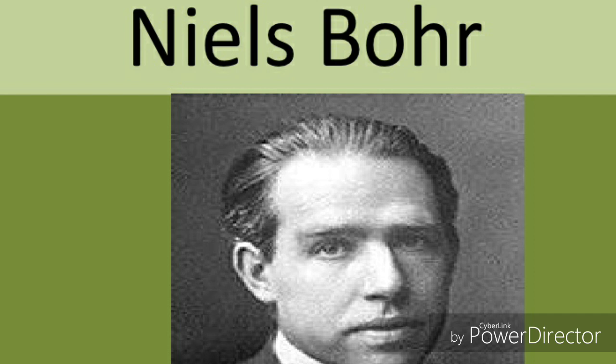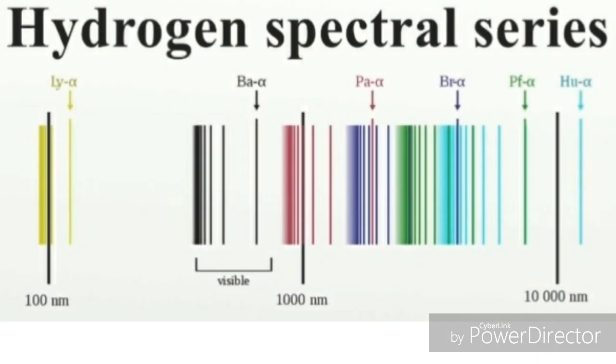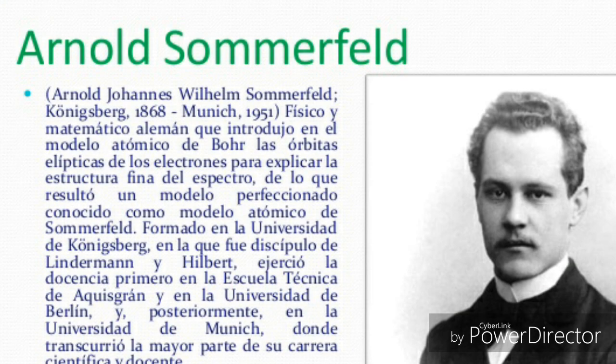Actually, he proposed circular orbits for the movement of electrons around the nucleus. It was later modified by Arnold Sommerfeld. He retained the first orbit as circular orbit, but the remaining orbits he modified as elliptical orbits.